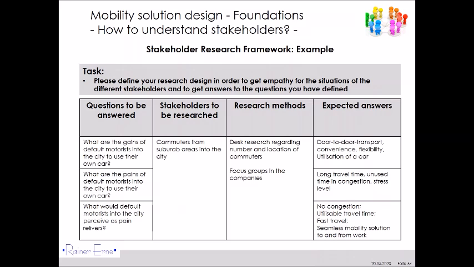And that might be the points where alternative mobility solutions could come into place and could be then provided as a marketable solution. So no congestion, usable travel time, fast travel, and a seamless mobility solution could be pain relievers for these default motorists.